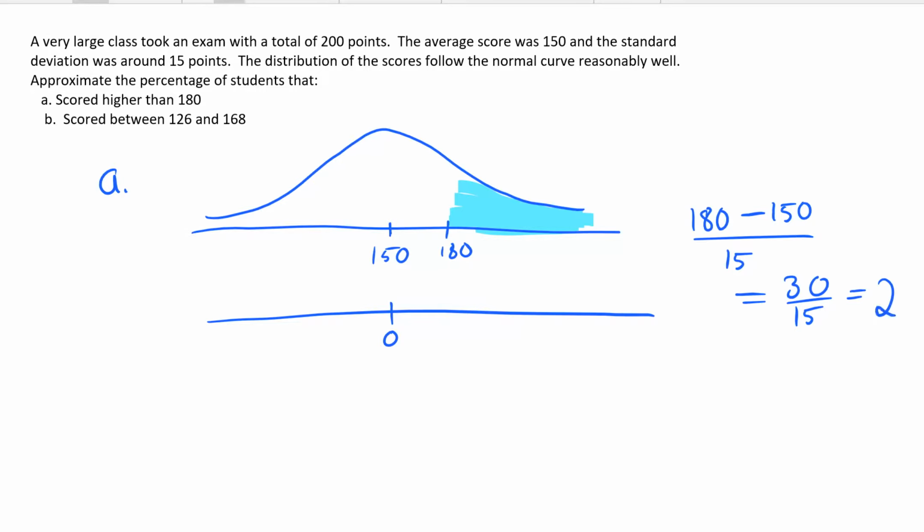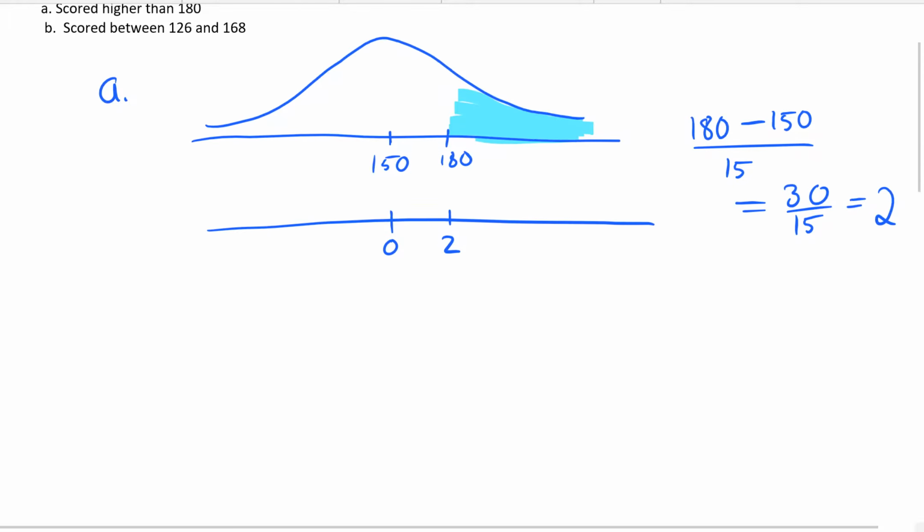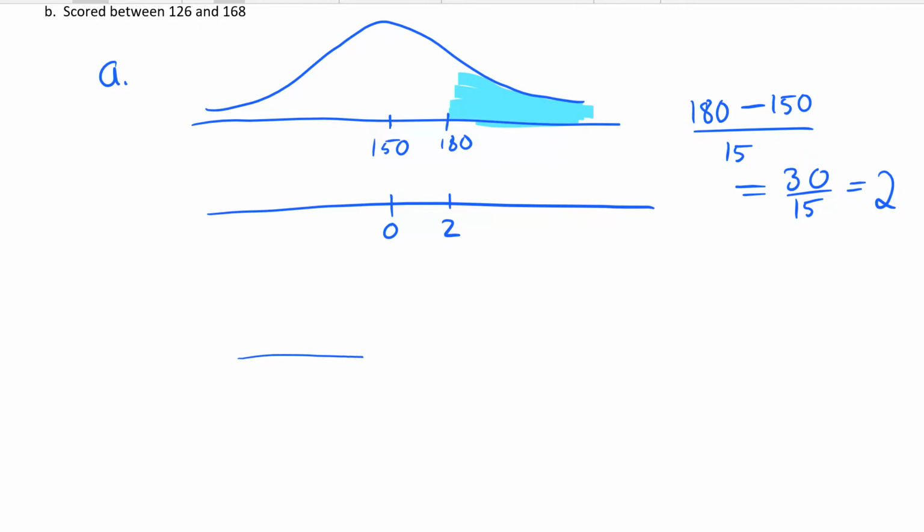That's going to be 2. So 180 in standard units is 2. That means we're looking for the area under the normal curve to the right of 2.